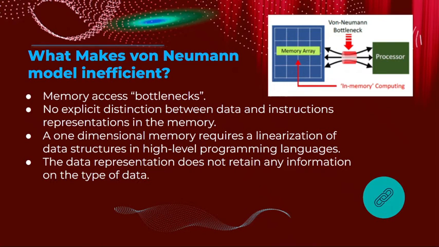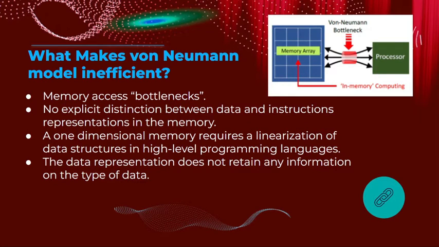And last, the data representation does not retain any information on the type of data. There is nothing to distinguish a set of bits representing floating point data from that representing a string, for example.